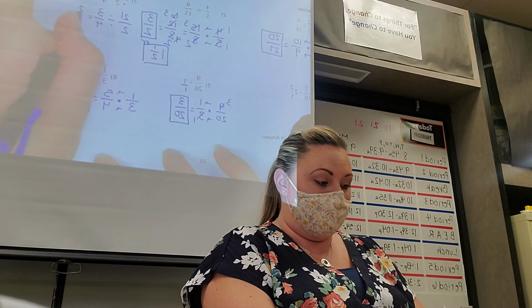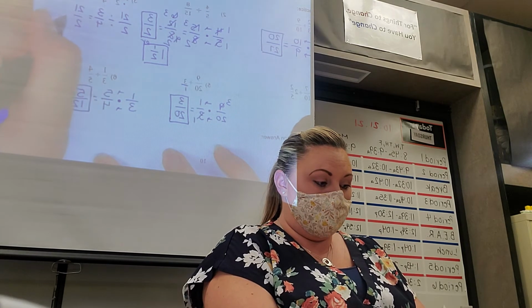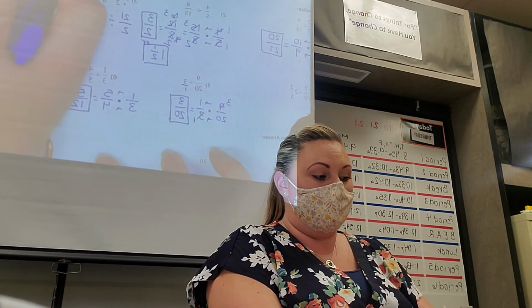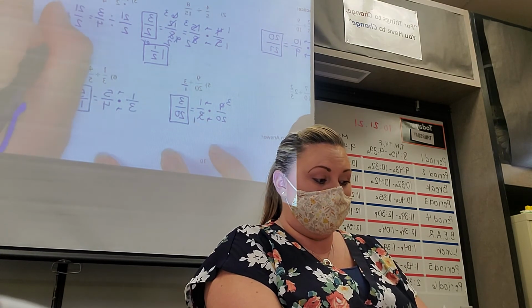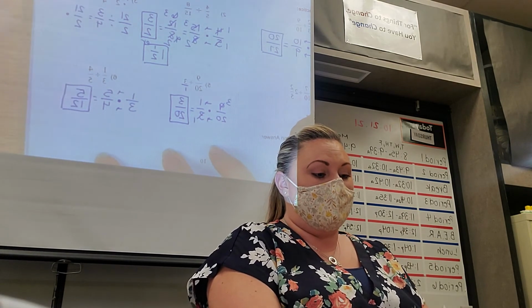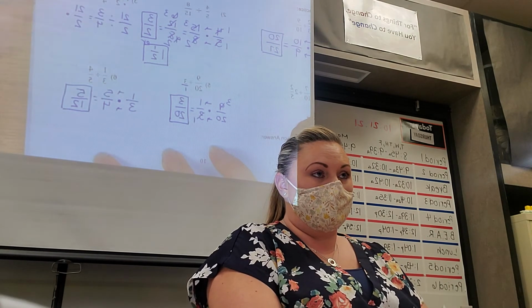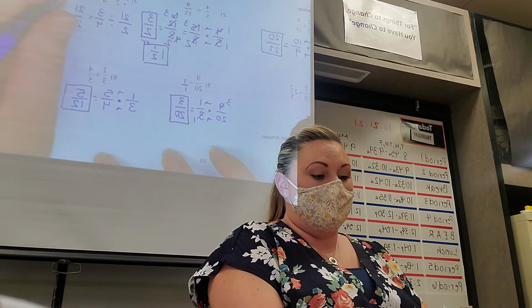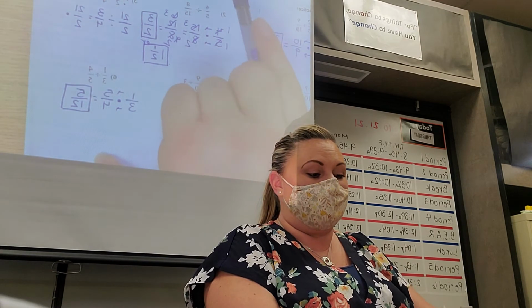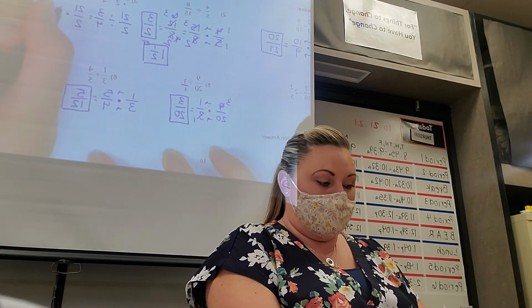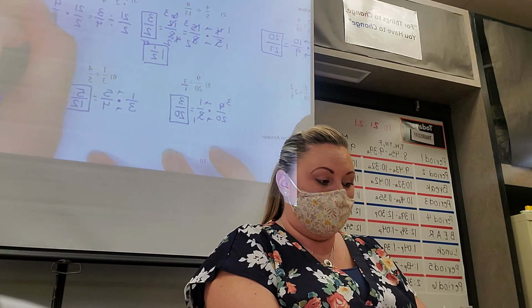Change it to what? We want the division to change to what? Okay, so the multiplication. And then our second direction tells us to do what? It says take the second fraction and flip the numbers. 4 over 3. So it would turn to 4 over 3.